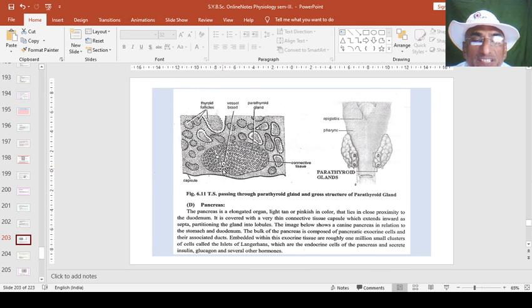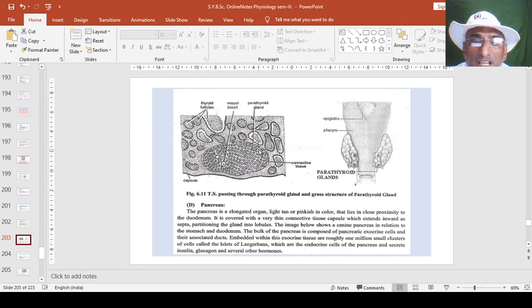So we will see here the histological structure of a parathyroid gland. These are the parathyroid glands located under the thyroid glands. These are the thyroid glands and these are the parathyroid glands indicated in the squares. The histological structure shows that these are the thyroid follicles. Then this one is the blood vessels supplying nutritive material.